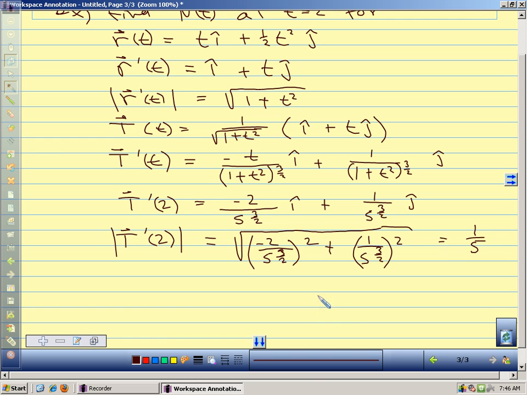So finally, we have the length of T prime at 2, and we have T prime at 2, so we can find our unit normal vector.